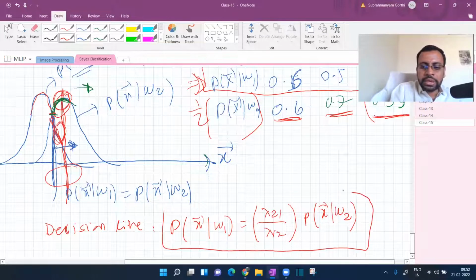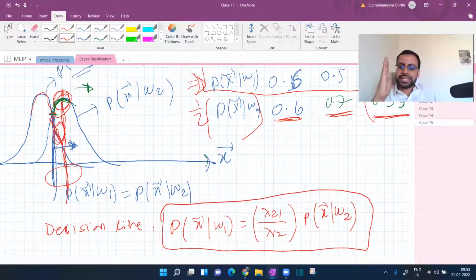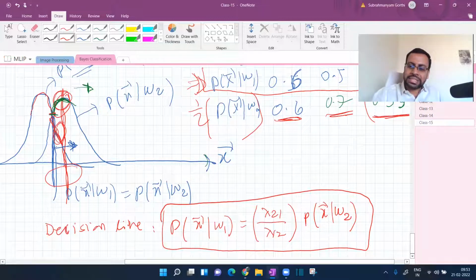This tells me, when m equal to 2 and my feature vector has just one element, where the decision line is. So decision line is at x bar equal to x naught, where you get x naught by solving this equation.